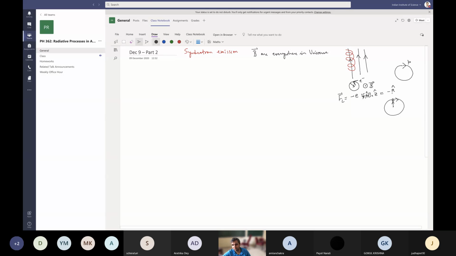So the force, whether Lorentz force or tension force or gravitational force, always must act towards the center. Got it? So this is an electron, that's a proton. This is the way to tell. The force has to act towards the center in all cases in circular motion.